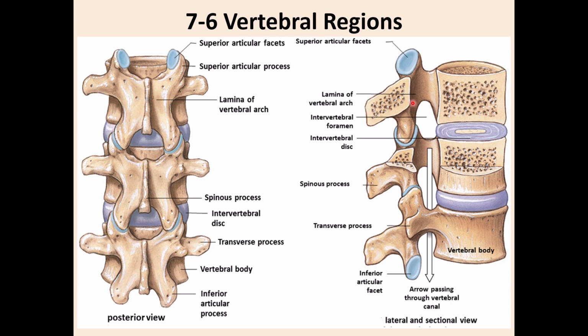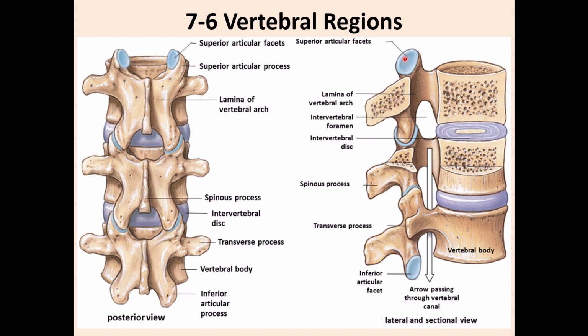Then you have multiple vertebrae. When you put them together, each one has a vertebral foramen, and when you have many vertebral foramina together, that makes the vertebral canal, and the content of the vertebral canal is the spinal cord.